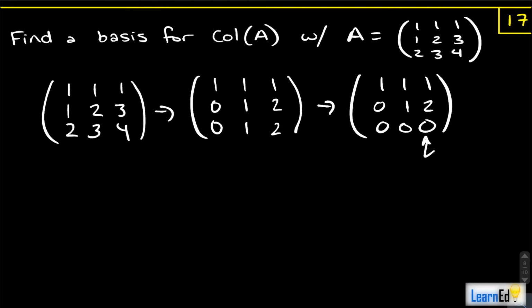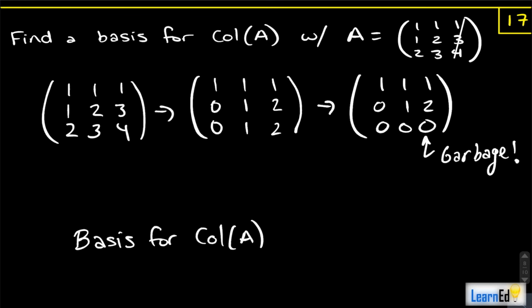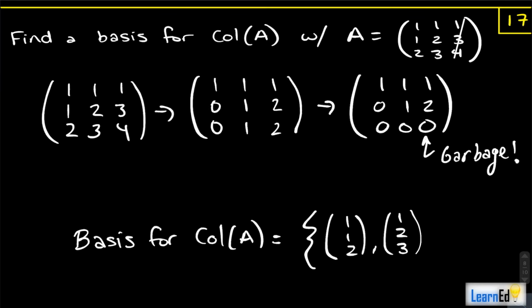So you can take this and see that this vector is garbage, because it's linearly dependent. So you could say garbage, and throw it out. It doesn't matter anymore. So we can just cross this vector out, and we can say that the basis for the column space of A is equal to 1, 1, 2 and 1, 2, 3.